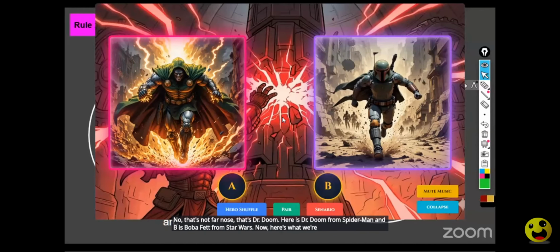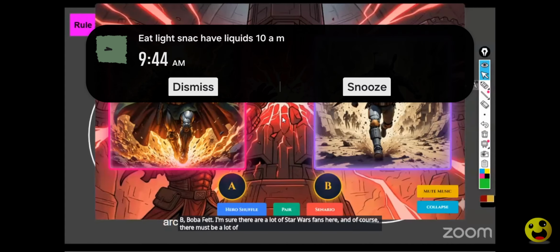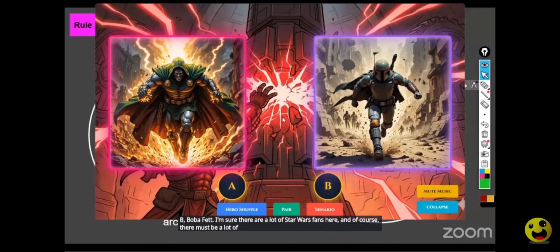Now, here's what we're going to do. We are going to vote which one you all like more. Is it A, Dr. Doom, or is it B, Boba Fett? I'm sure there are a lot of Star Wars fans here, and of course, there must be a lot of Spider-Man villain fans here, right?